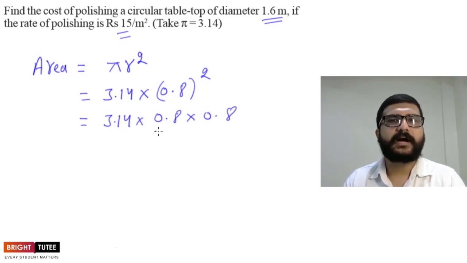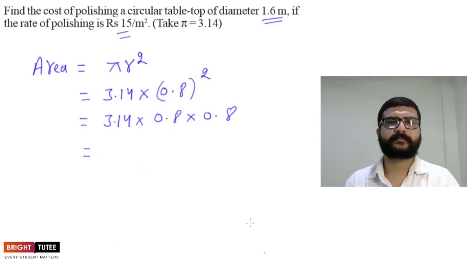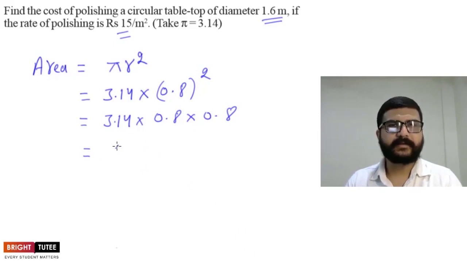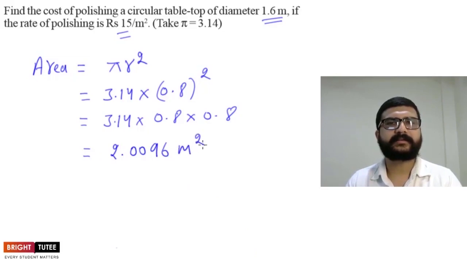Now we know how to multiply two numbers. So by multiplying these numbers, we will get 2.0096 square meter. So this is the area of the table which has to be polished.